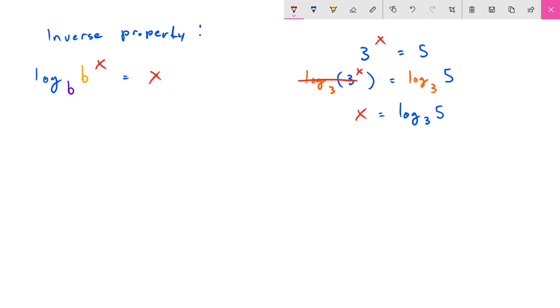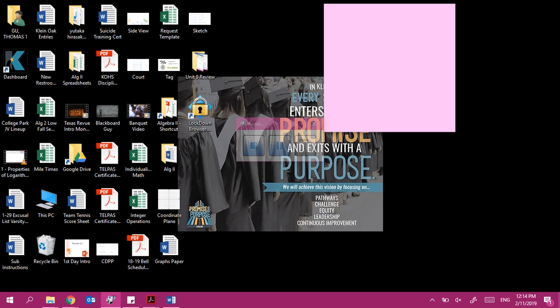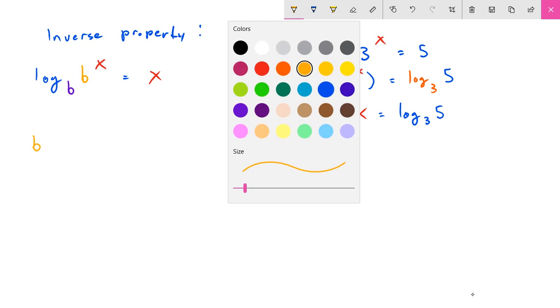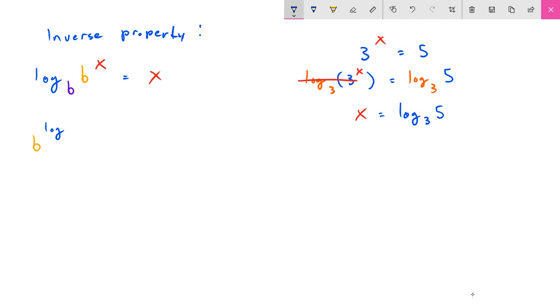Okay, and then it also goes in the other direction. So it can go the other way as well. So if you have, for example, b raised to log base b of x, what do you think this would come out to equal?